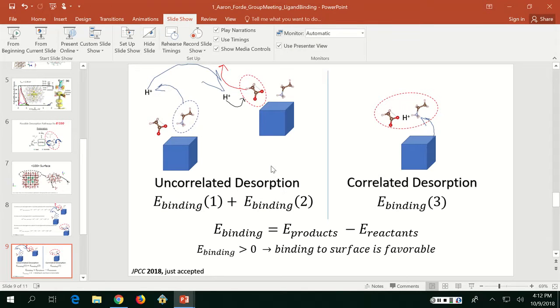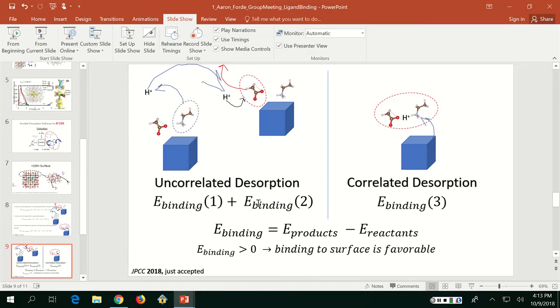If you consider those as stepwise, here you have the ammonium coming off, and then it deprotonates, and that proton can go to another nanocrystal and take another acetate anion. So if you add both those energies together, you would have the total amount of uncorrelated desorption.